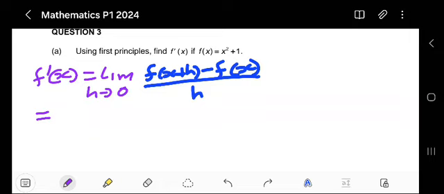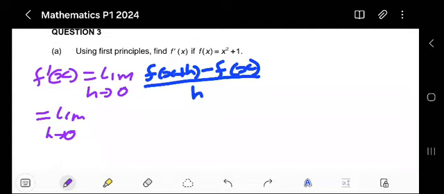Do not confuse yourself if you find it confusing. So the limit as h approaches 0. Remember f of x is this function, but now wherever we see x, we'll replace it with x plus h.